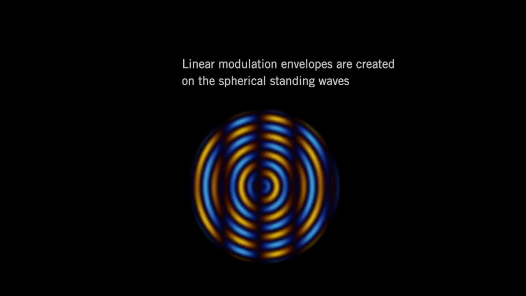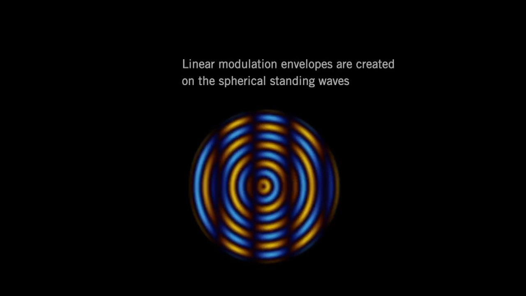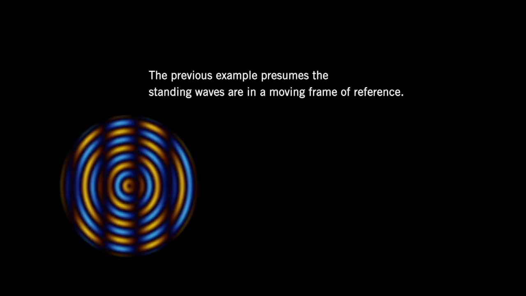Linear modulation envelopes are created on the spherical standing waves. The previous example presumes the standing waves are in a moving frame of reference.